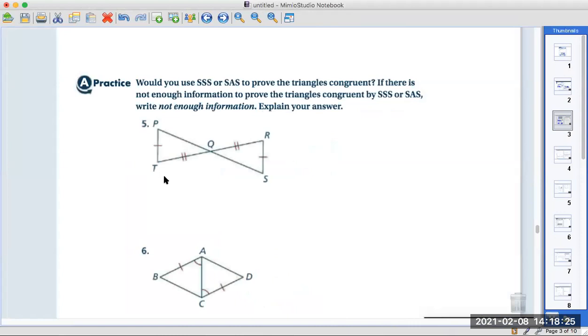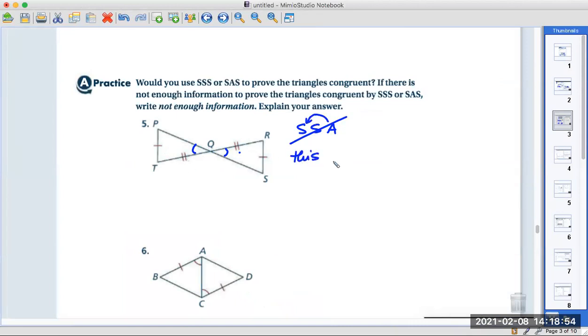The vertical angles are never marked. You've got to do it yourself. So now you have two congruent angles in two triangles. You mark them yourself. Nobody will do it for you. So will that work? We've got side, side, angle; side, side, angle. Side, side, angle does not work, because you want the angle in between the two sides, right?